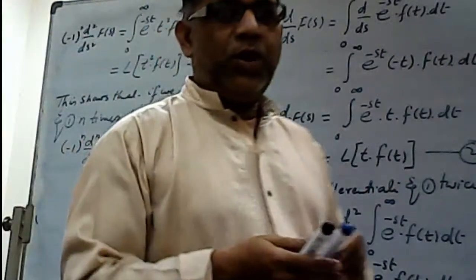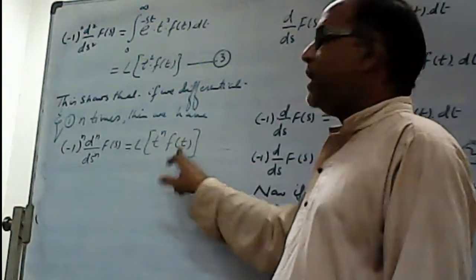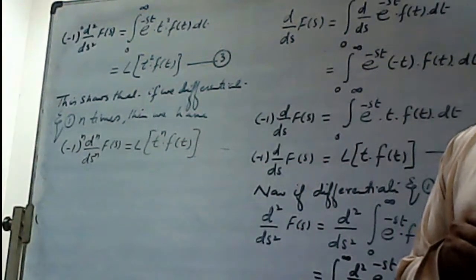So this is the formula for the product of t power n with any function of t.